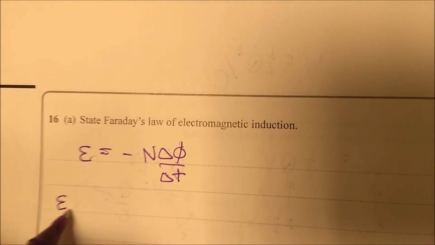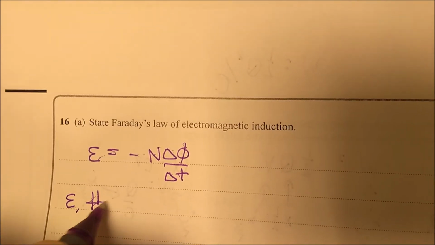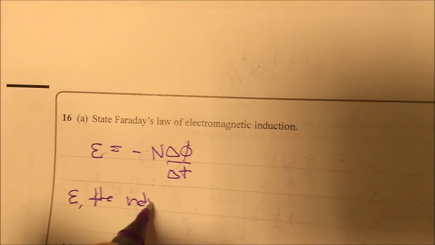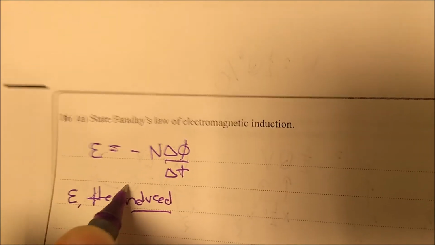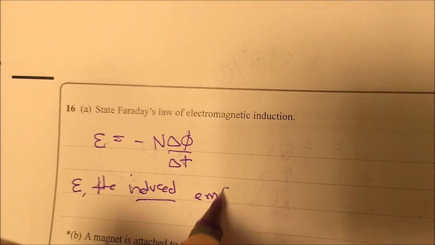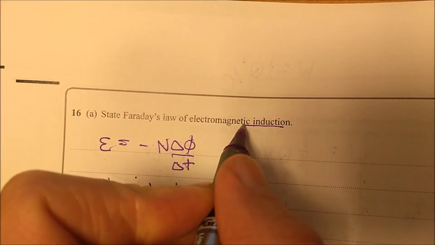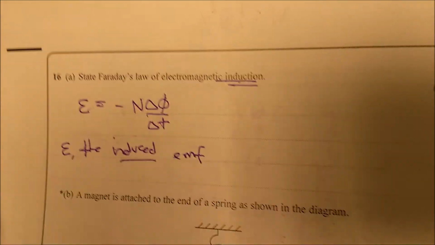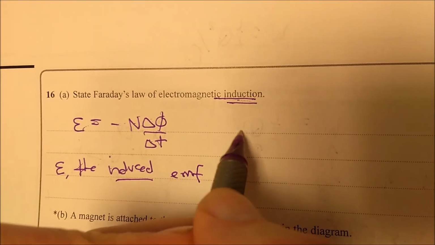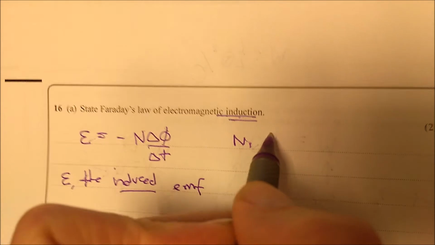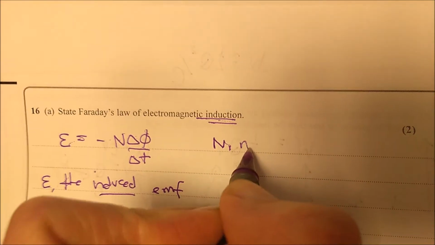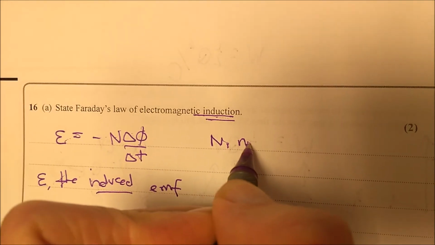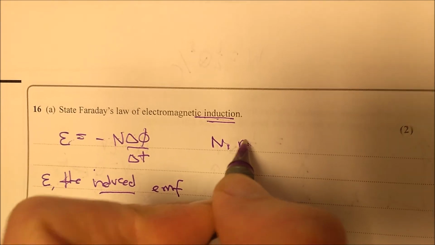So you could say this is the induced EMF. Obviously that's quite an important word, induced, because it's about induction, it's about flux change and so on, isn't it? So the induced EMF minus, well, n's the number of coils, isn't it? So I mean, you can write this down yourself, n, number of coils.